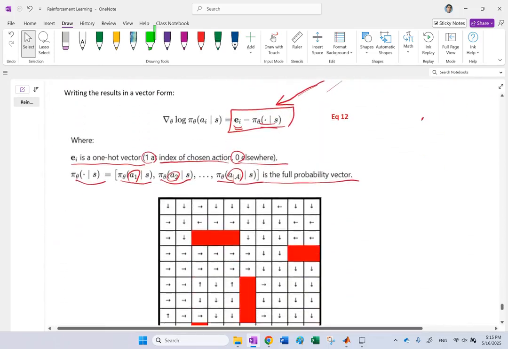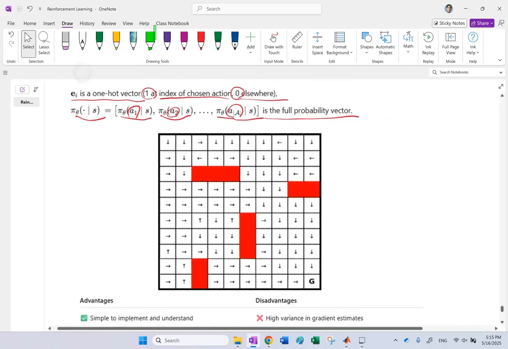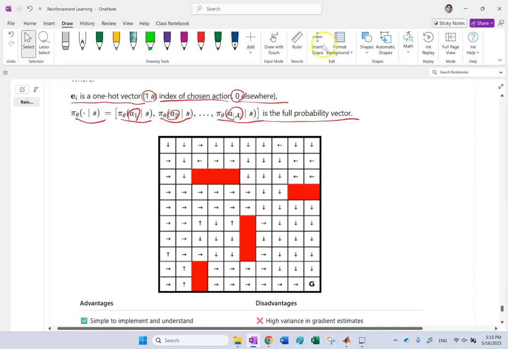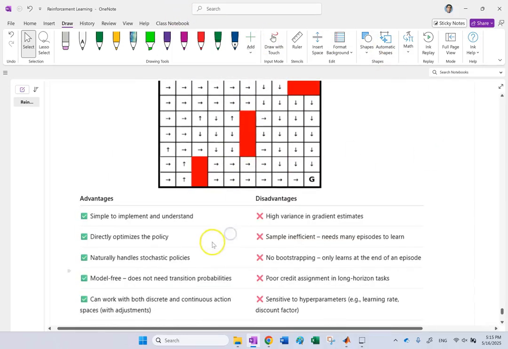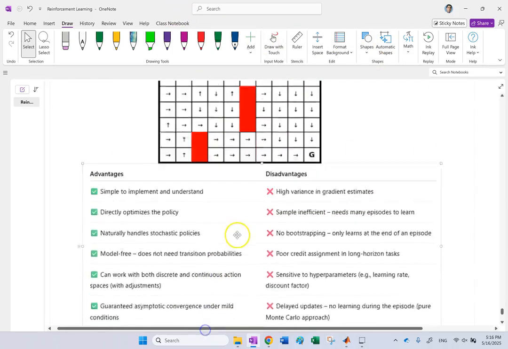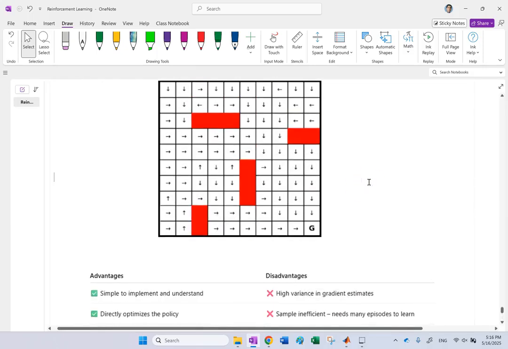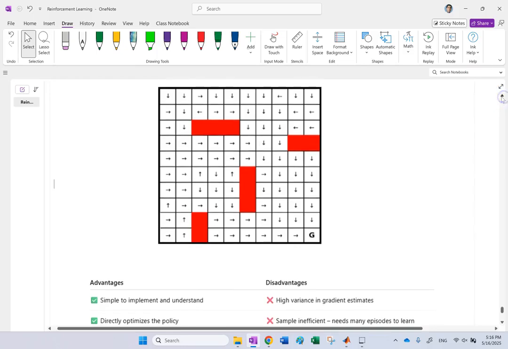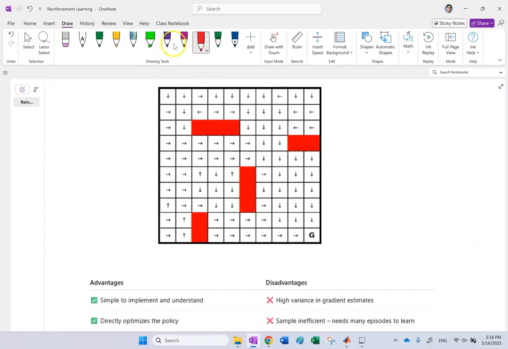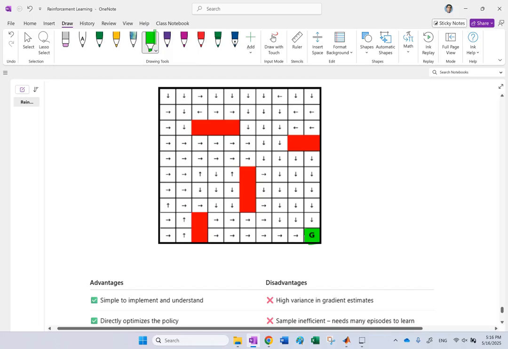Now here, to show you an example, I have a 10 by 10 grid, and in this 10 by 10 grid, I can start from any point that I want, but my goal is to reach the point 10 and 10. So this is where I should end. Now I can start at 1,1, 1,2, wherever, right?